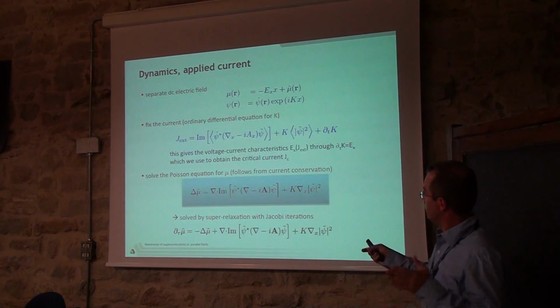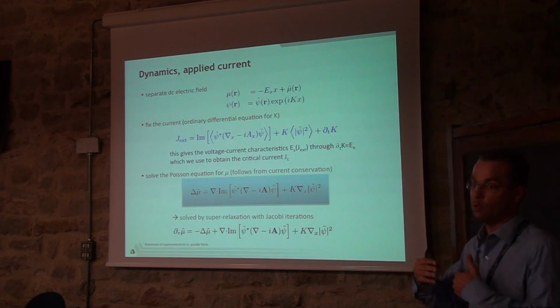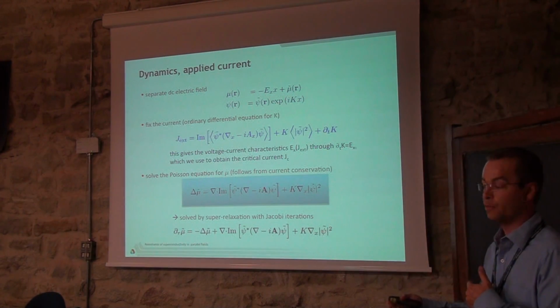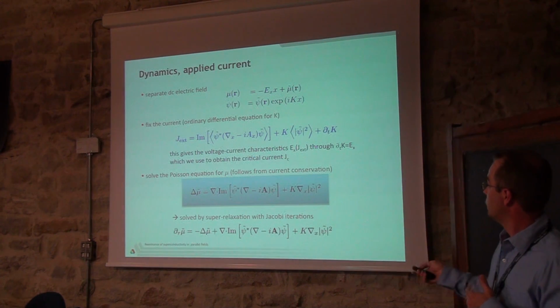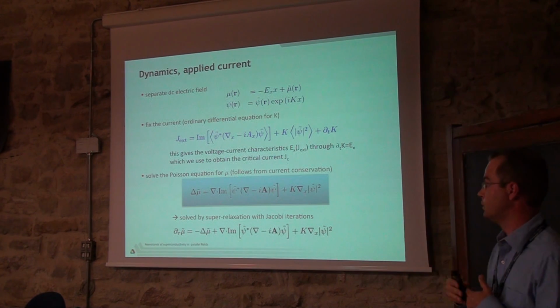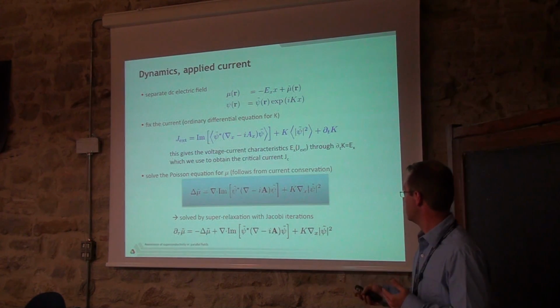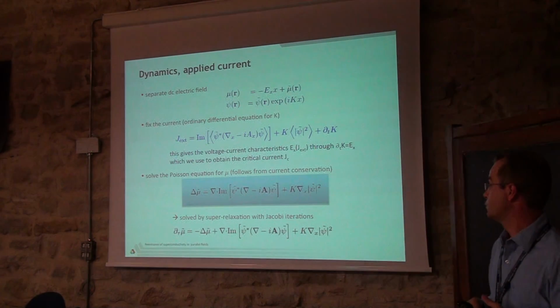So then we apply a constant current here, and every time step you have self-consistency to solve the equation for the current, and you need to adjust this parameter k here. Again, this is the integral of the voltage of the system in order to stabilize a fixed external current.